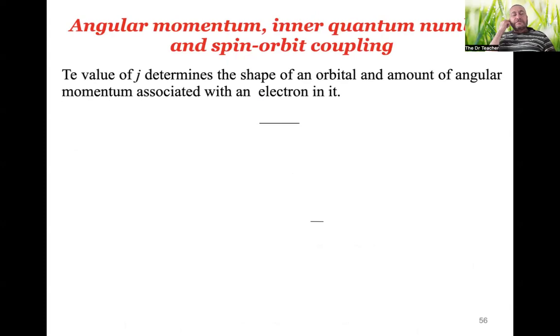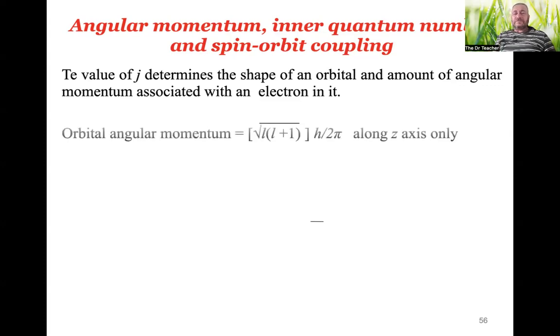Angular momentum, the inner quantum number, and spin-orbit coupling. The value of L, this is the first time we talk about it, determines the shape of an orbital and the amount of angular momentum associated with an electron in it.